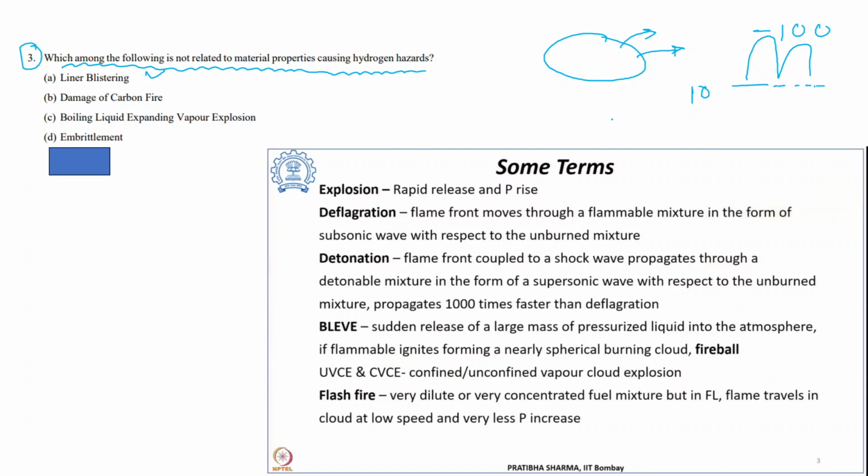Can you quote one example of material failure due to cyclic loading? Does anyone have any ideas?